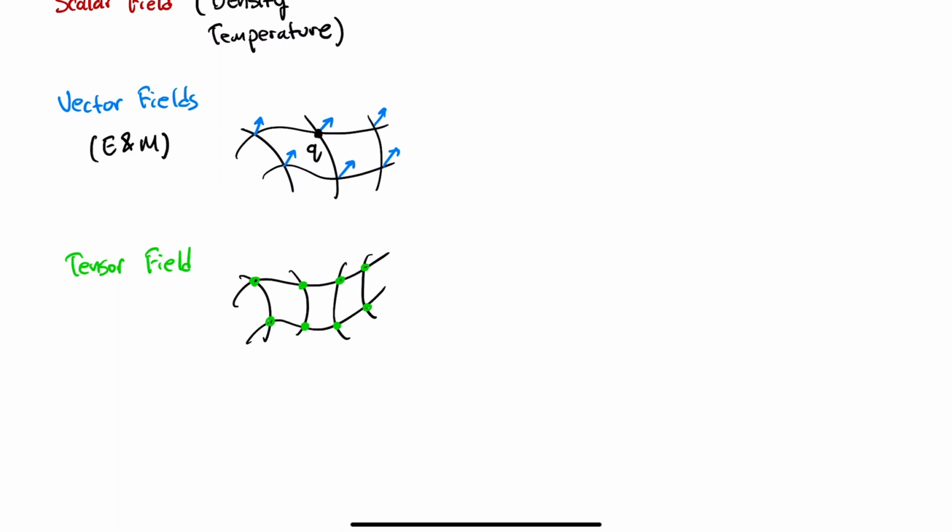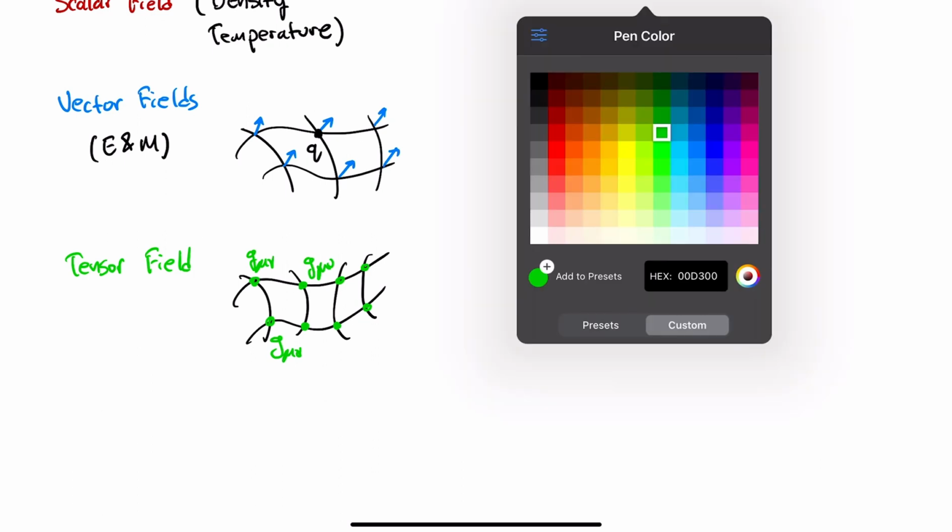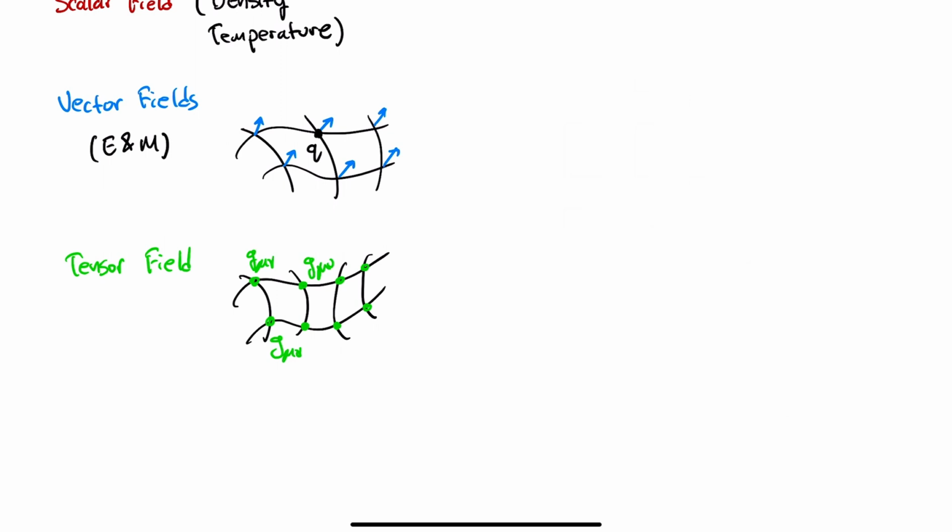At each point we have a little g mu nu. What does this look like? This kind of looks like GR, or general relativity, where we have tensors at every location in space. Special relativity is actually more of a vector field. Okay, that's all fine and good.